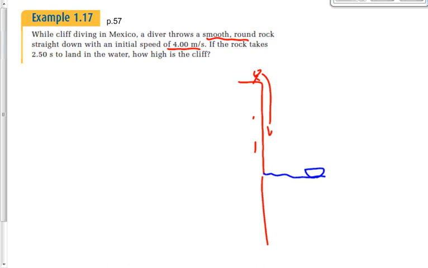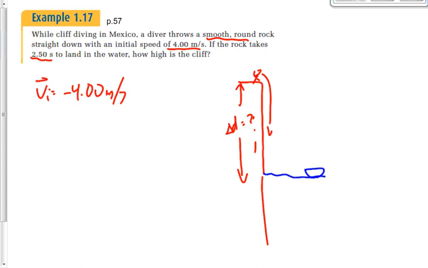Almost identical to this question, except instead of an initial velocity, v_i, of -4.0 meters per second, because it was thrown downwards, we had an initial velocity of 0. We timed how long it took the rock to fall and hit the water. And then we did exactly the same thing as we're going to do right now. We calculated the displacement of the rock, how far the rock fell. That told us the height of the cliff.